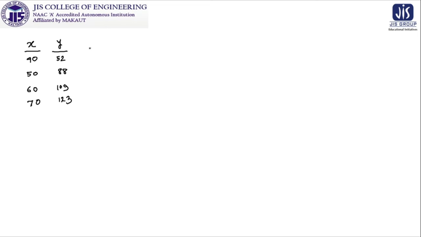So if we now generate the backward difference operator only, then the thing will be the same: 88 minus 52, that is 36, then 109 minus 88, so it will be 21, and 123 minus 109, it will be 14.